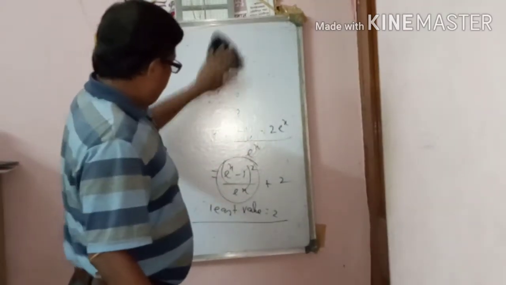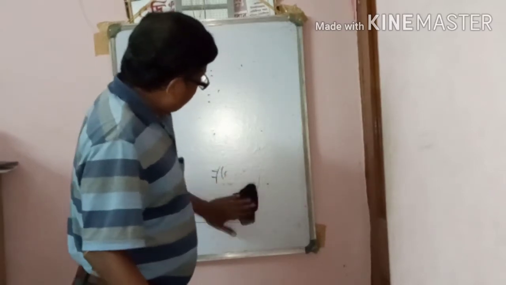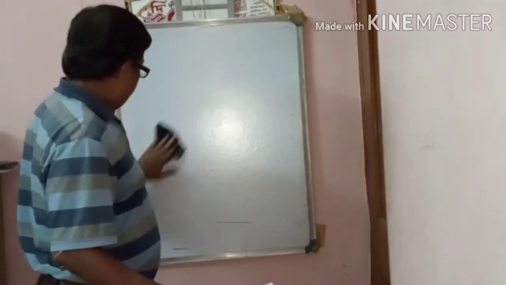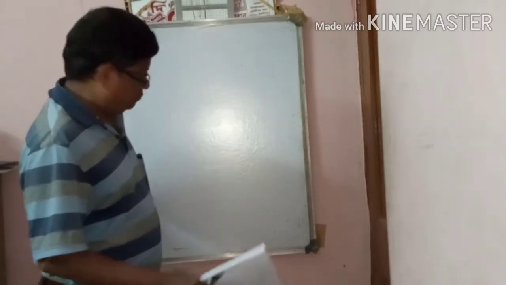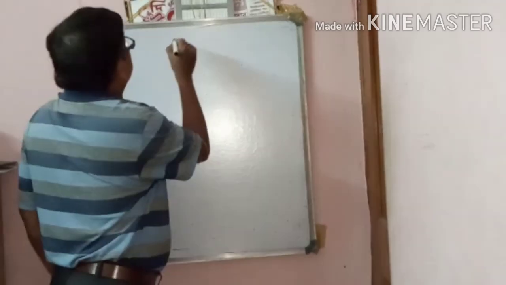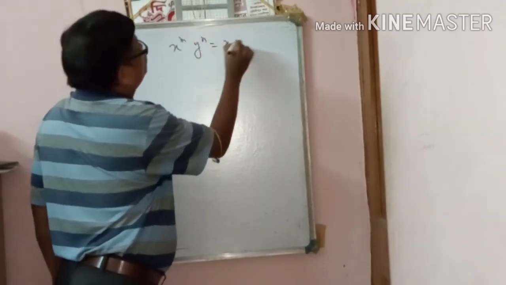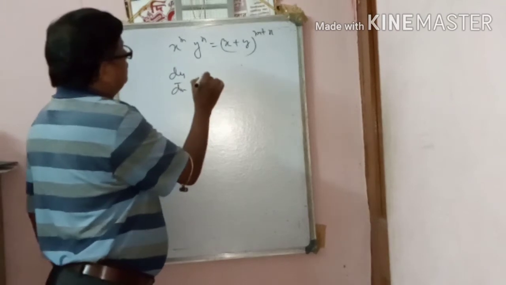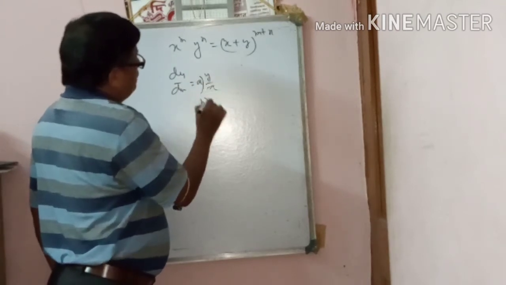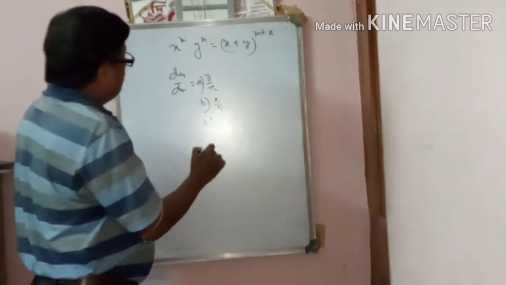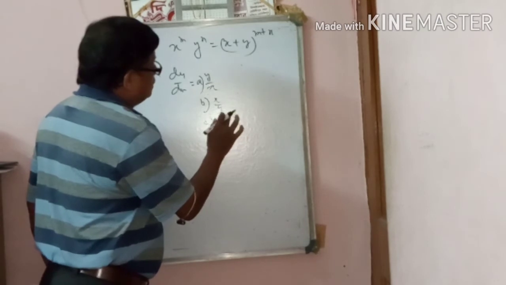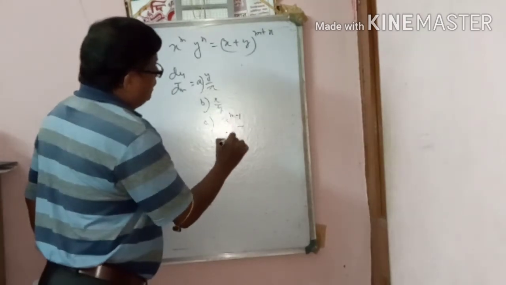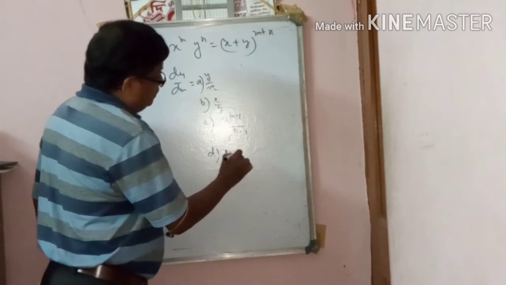So dy/dx equals, options are: A y by x, B x by y, C x to the power m minus 1 by y to the power n minus 1, D none of these.